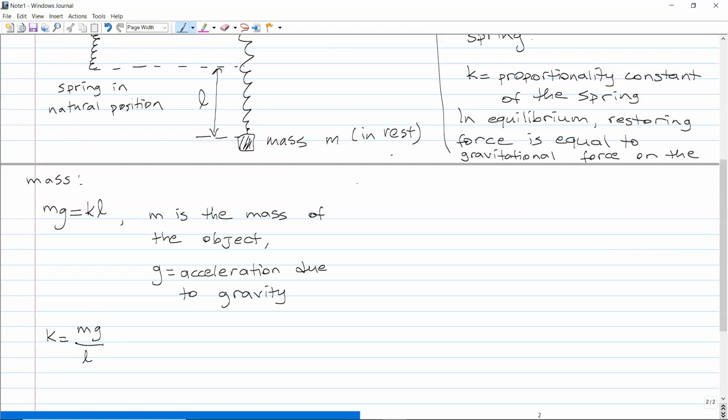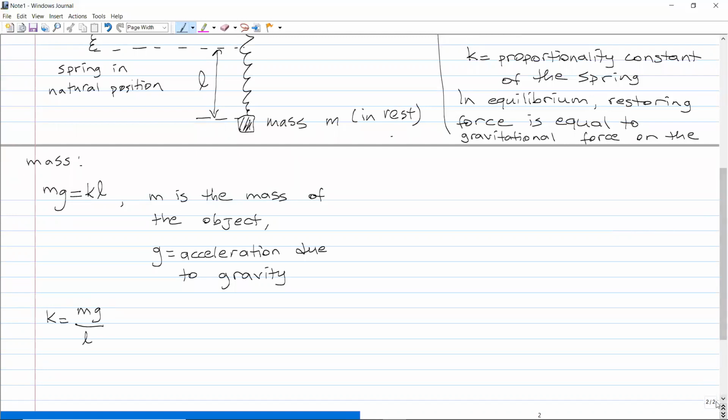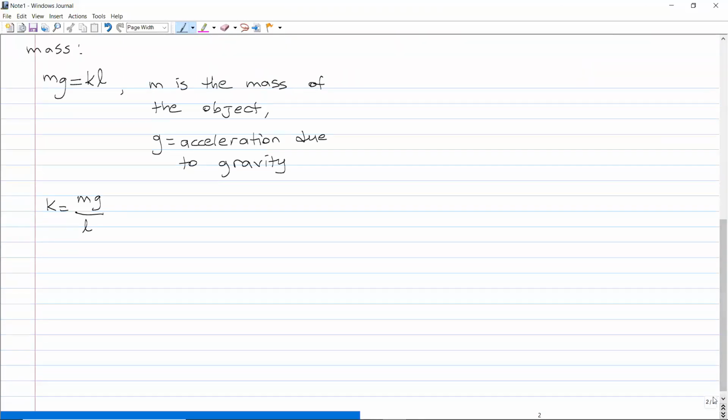Now, what we want to do is consider this object moving up and down. Imagine pulling it down a little bit and then releasing it with a certain velocity.